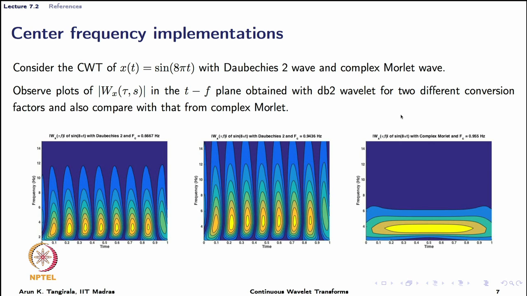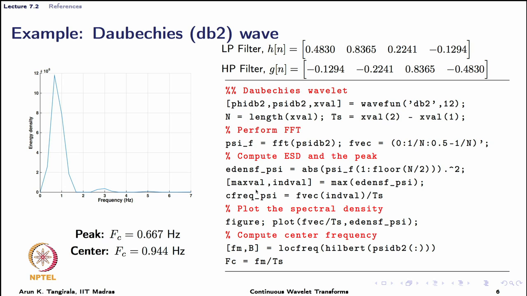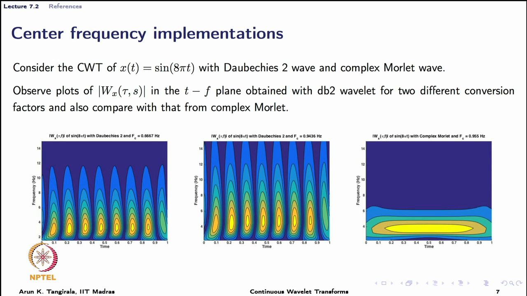difference is negligible. So, among the three plots that you see here, the first two correspond to the magnitude of the CWT obtained with the Daubechies wave, but with two different conversion factors, one with the peak frequency and the other with the center frequency. It is fairly obvious that the center frequency calculation, that is 0.944, is a much better conversion factor than the peak frequency.